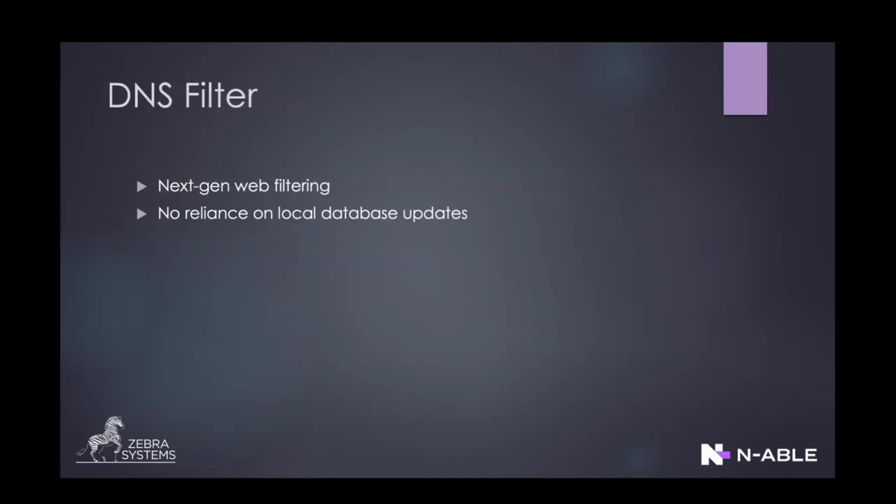Now to the interesting part and my main focus today, or one of two, it's DNS Filter. It's a fairly new addition to N-able's portfolio, and basically it's next-gen web filtering.